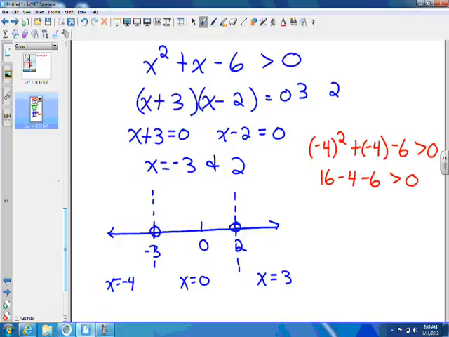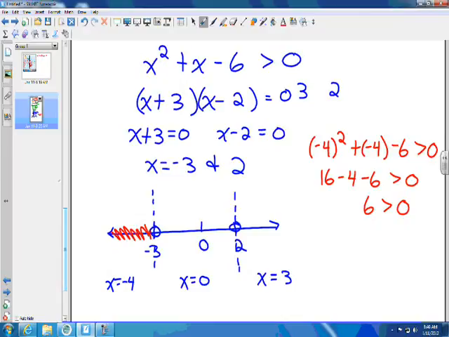Is that going to be positive or negative? It's going to be positive. Positive what? 6. Is 6 greater than 0? So we plugged in a point from this interval that worked. So this is part of your answer.